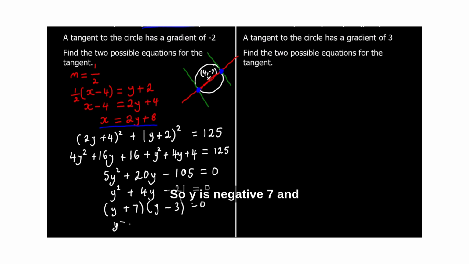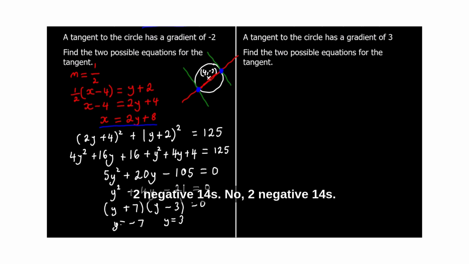So y is negative 7 and y is 3. x is 2y plus 8. So 2 negative 7s is negative 14, plus 8 is negative 6. 2 3s are 6 plus 8 is 14.